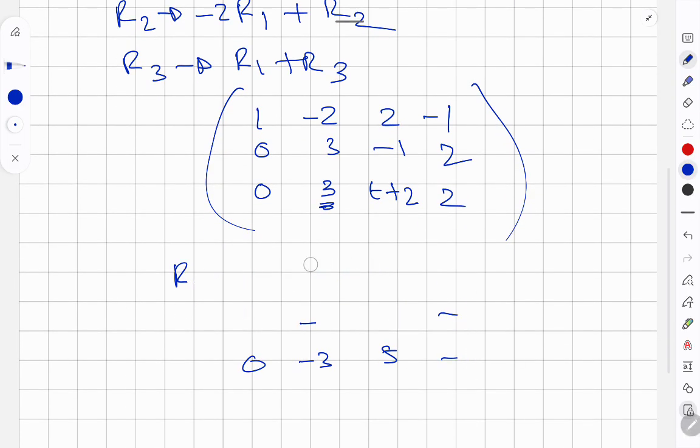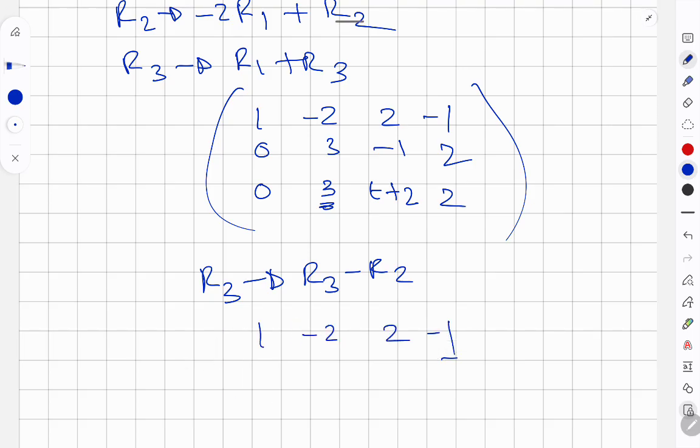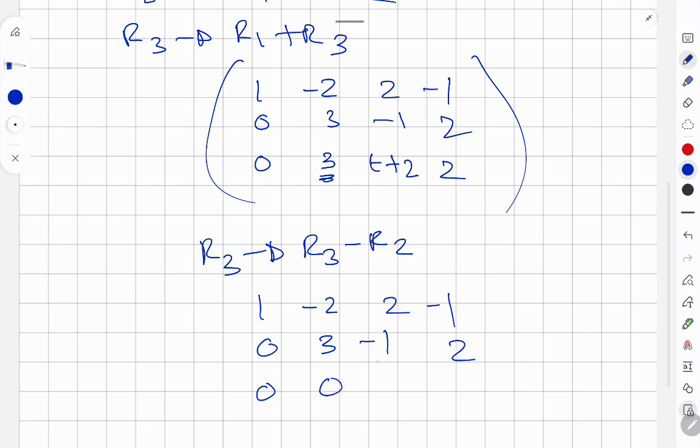Now, since I want to make this one 0, I can write R3 is R3 minus R2. So it will be 1, -2, 2, -1, and here you will get 0, 3, -1, 2. Here you will get 0, 0, t plus 3, because negative of this one you get 0.